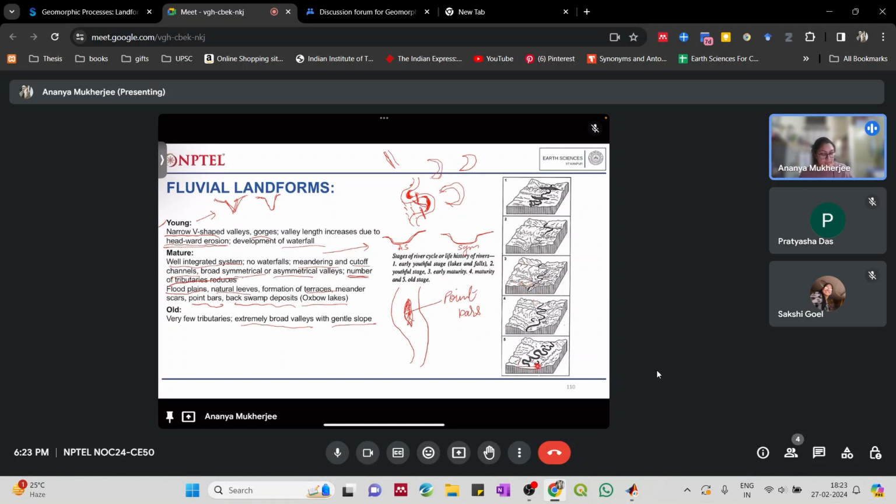So with that we can understand that with increase in time, the basin area, the area through which the river is flowing, laterally becomes wider, and the depth as well will increase at the older stage.